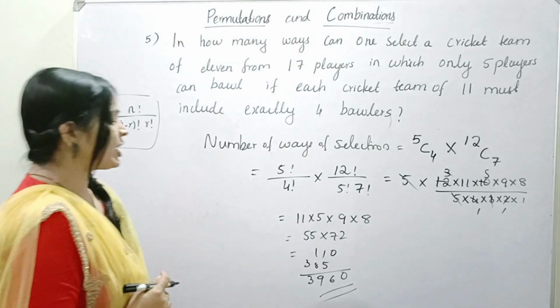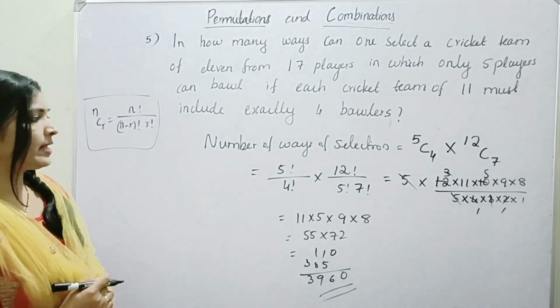So the number of ways of selection is 3960.